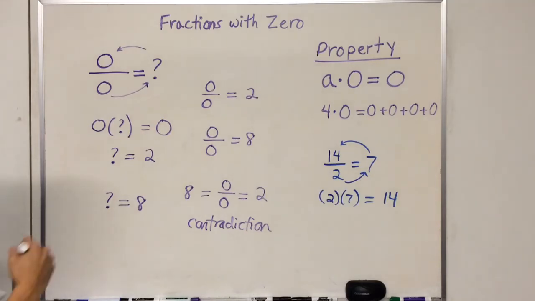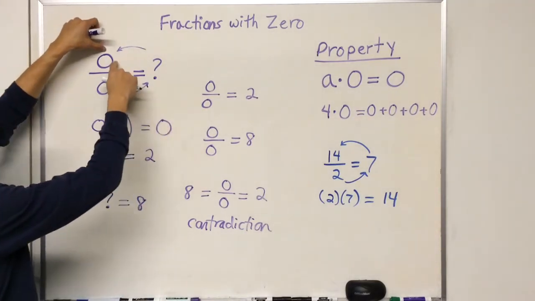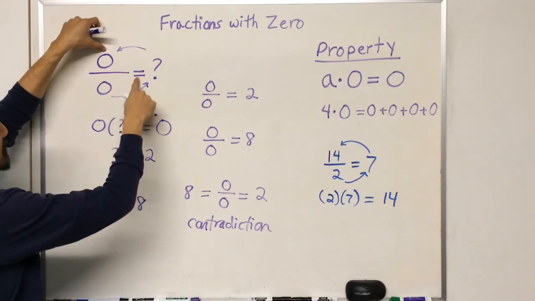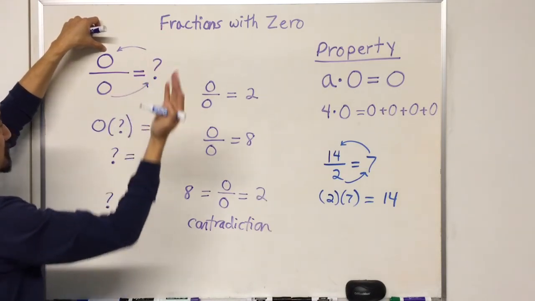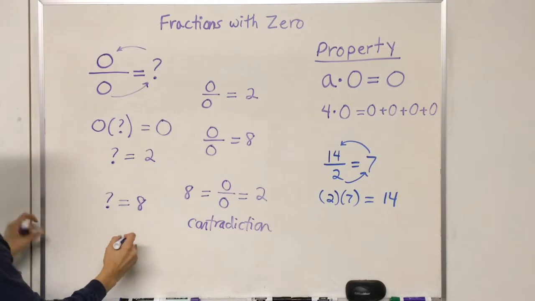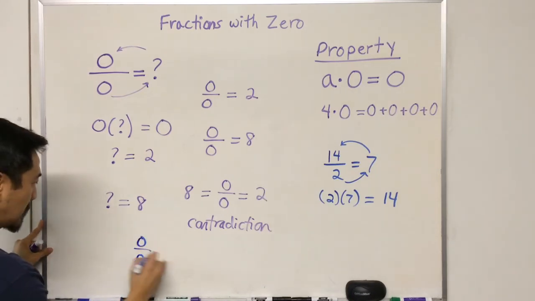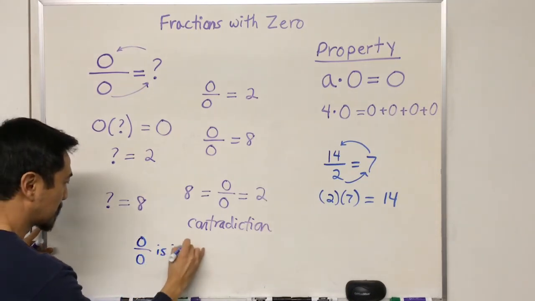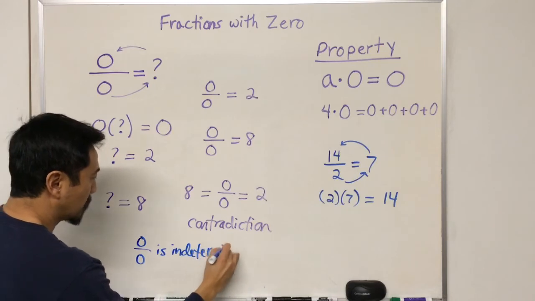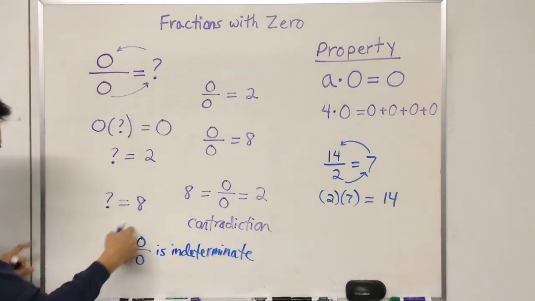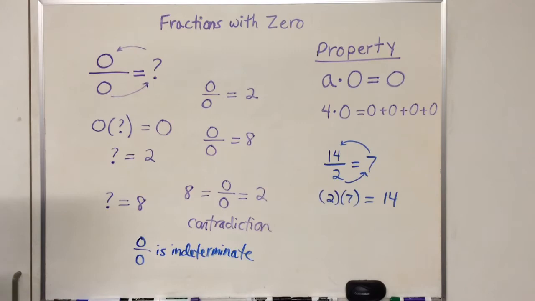So what that means for us is that 0 over 0 is not going to be satisfied by one single number, okay? So 0 over 0 is indeterminate, okay? There is no one single number that'll equal that fraction, okay?